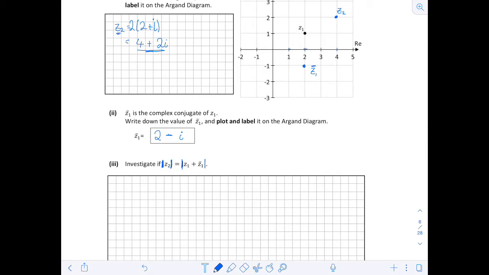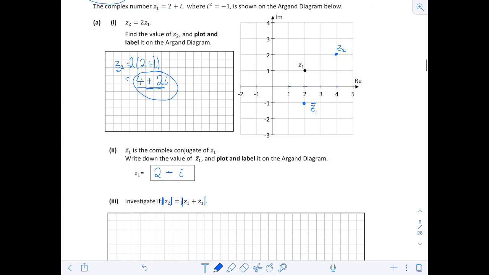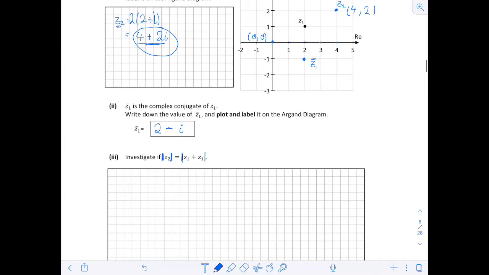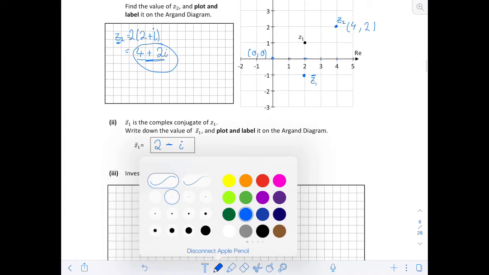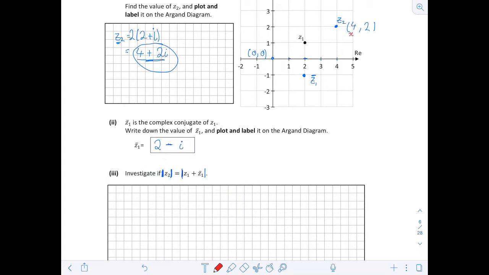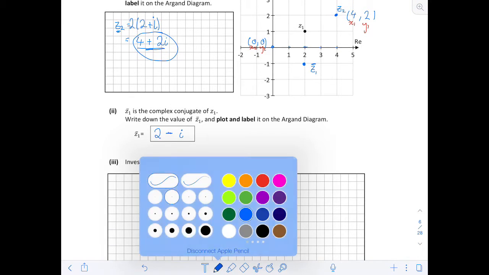So it's the modulus of this guy up here, 4 plus 2i. So it's this guy here. The coordinates of him are 4, 2. The coordinates of the origin are 0, 0. So I'm going to go label up my points. I'm going to call that guy there x1, y1, x2, y2. And I'm going to put it into the formula.